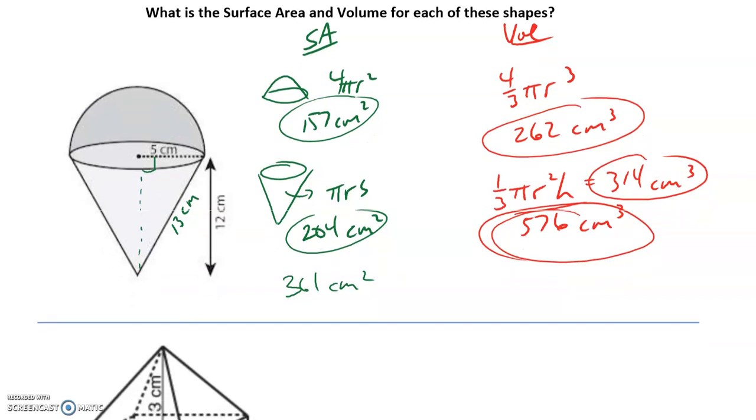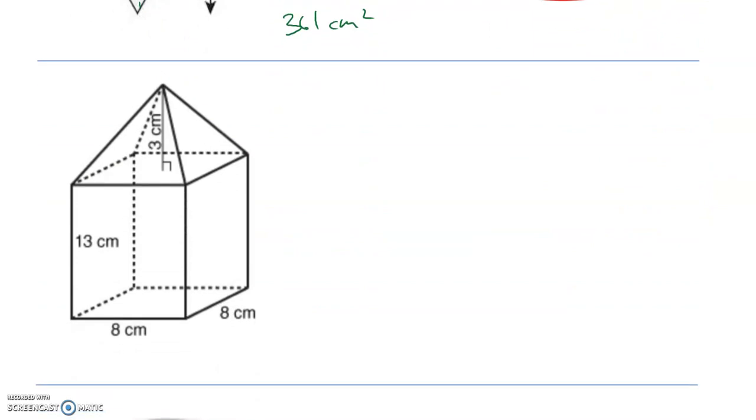All right, next, let's quickly look at this shape right here. For this one, we are also going to find the surface area and volume. Once again, I'm going to need to do some stuff first. I'm going to need the heights of these triangles. This is 3 centimeters down here, and then this goes across to make a right triangle.